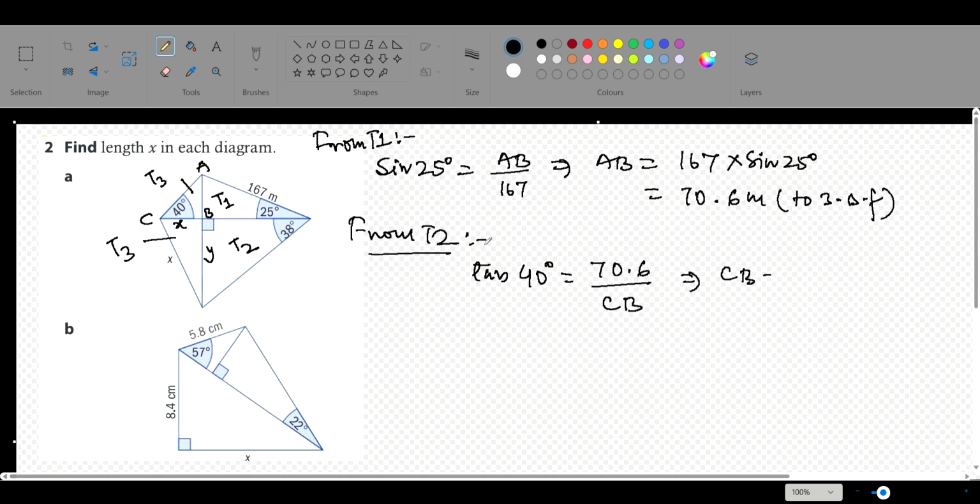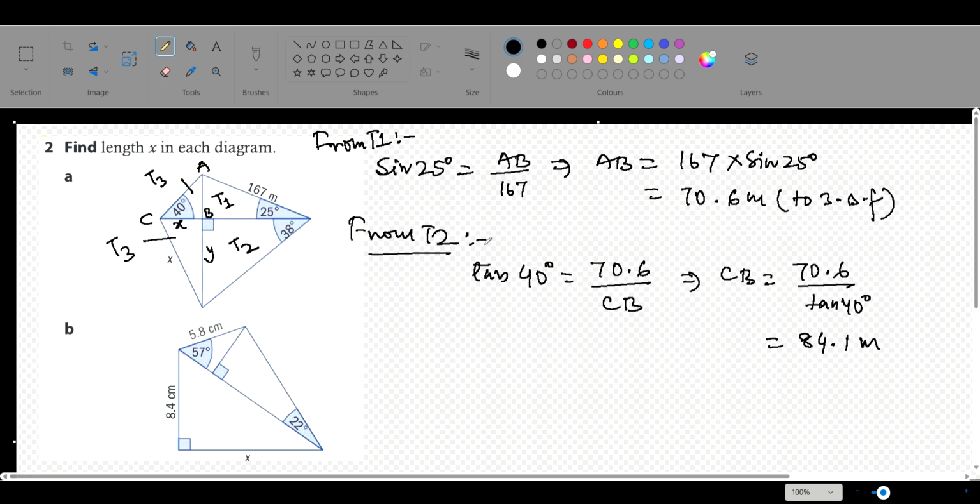So CB would be 70.6 over tan 40, that is 84.137. Now we have the CB.